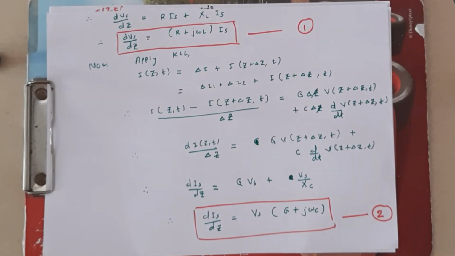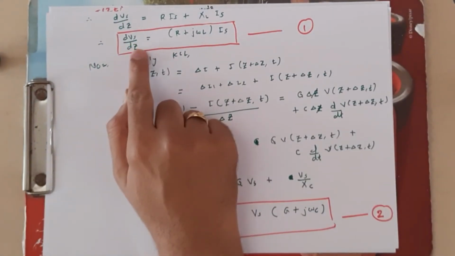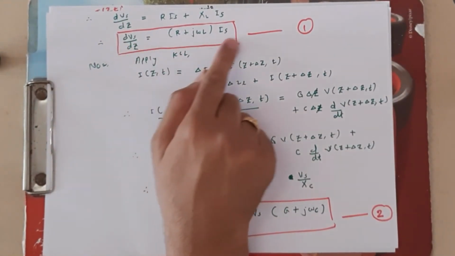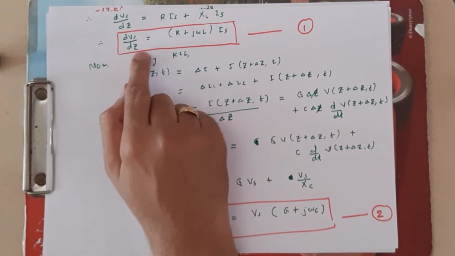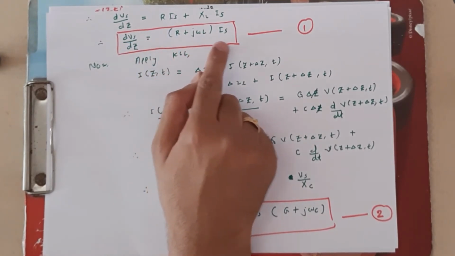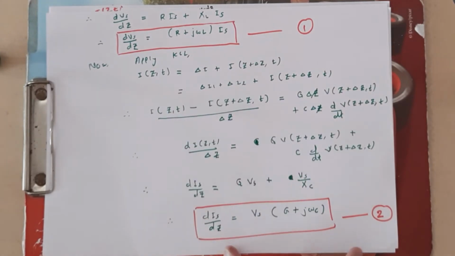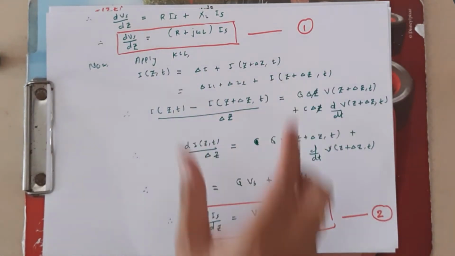Now I have to differentiate my first equation with respect to Z. So d square Vs by dz square equals R plus j omega L times dIs by dz. I have to put the value of dIs by dz from the second equation.